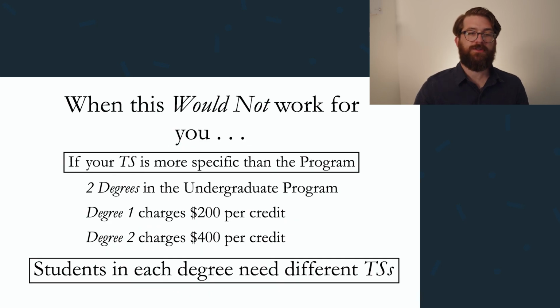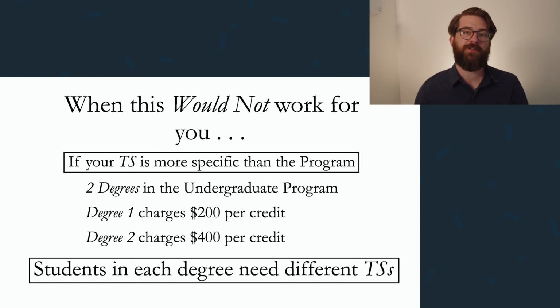Okay, so let's cover when this might not work for you. If your tuition schedule is more specific than the program, this setup won't quite work for you. So if you have 2 degrees in the undergraduate program and degree 1 charges $200 per credit and degree 2 charges $400 per credit, then this won't work, okay?